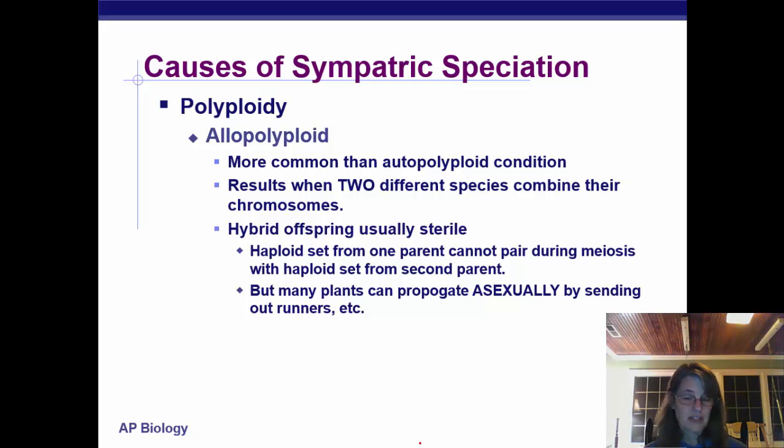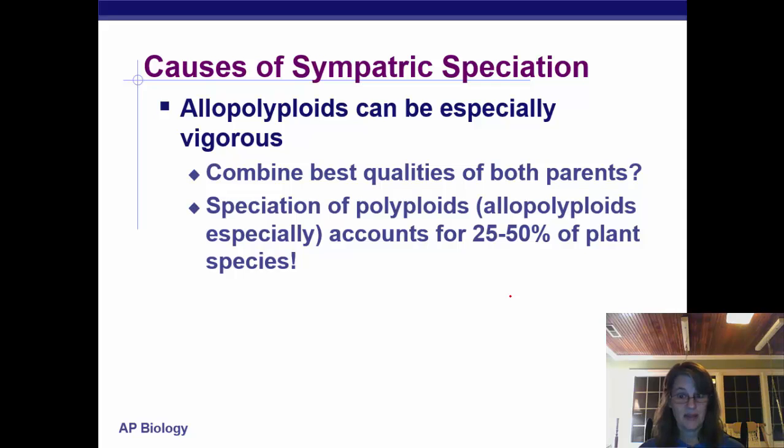The hybrid that results is usually sterile. But very often the plants can propagate asexually, so you may get a sterile individual, but as long as it's a plant and it can send out runners with new shoots coming off of them, they can still produce a whole lot of vegetation.